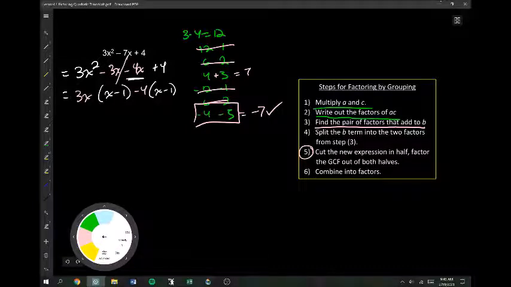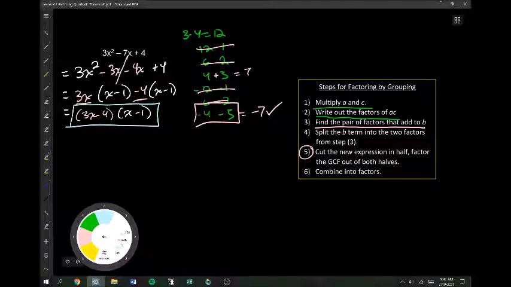Remember how if the leading coefficient is negative, you pull out a negative, so I'm pulling out a negative 4. So this factors, where my pink stuff joins together, 3x minus 4, and my white stuff joins together, x minus 1, and I have factored. It factors into 3x minus 4 times x minus 1.